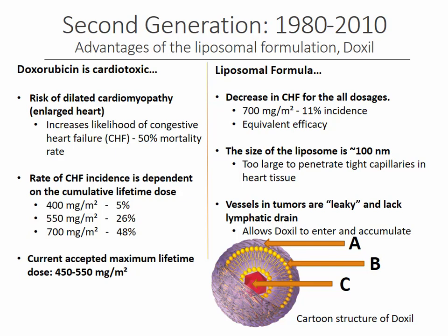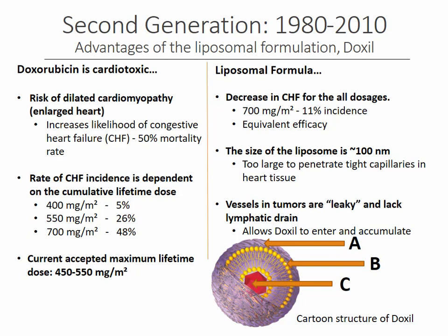By the time you reach a 700 milligram per meter squared lifetime dose, you're already up to 48% risk of having basically a heart attack, a CHF incident. So they like to limit people between 450 and 550 milligrams depending on their circumstance.